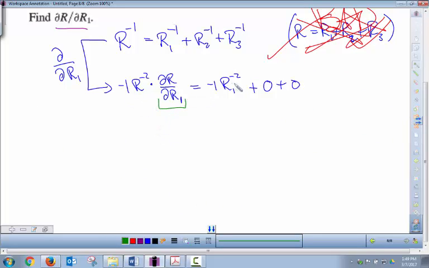And so we'll bring everything over to the other side by dividing, and then I can cancel out the negative 1s because they're both negative 1. So the partial of R with respect to r1 is going to equal, I'll write it like this first, and then I'll use some exponent rules, and that's just going to switch the order.